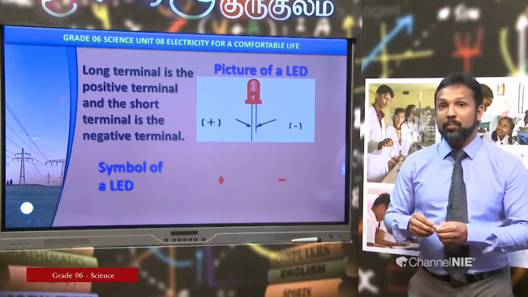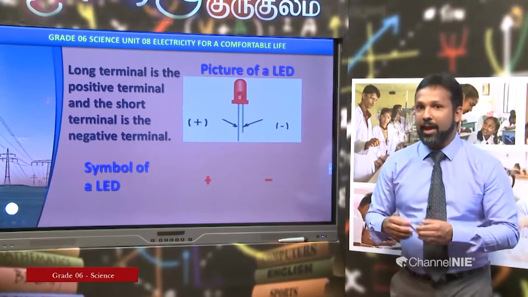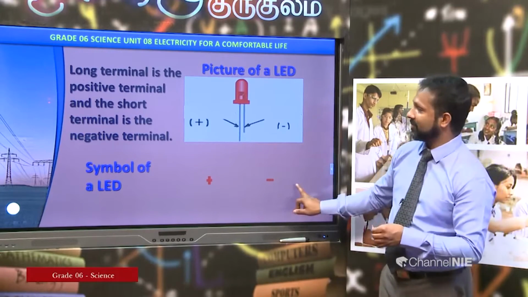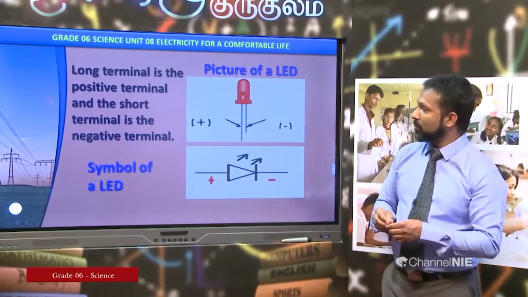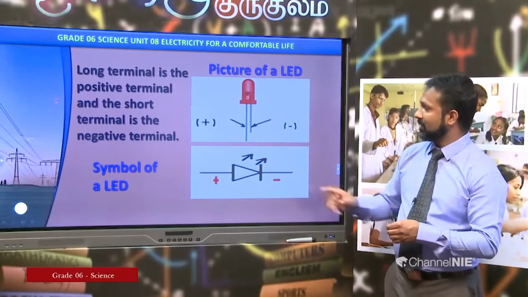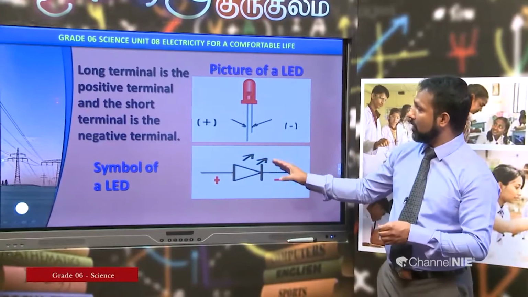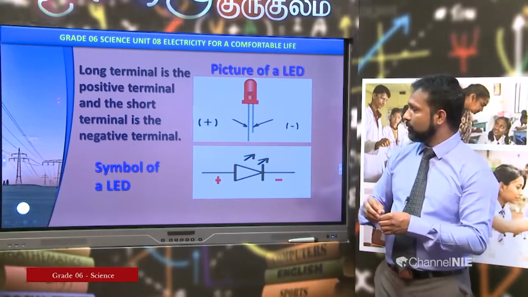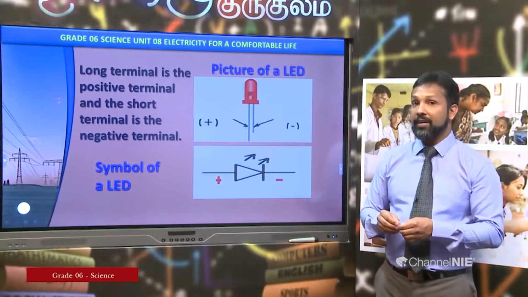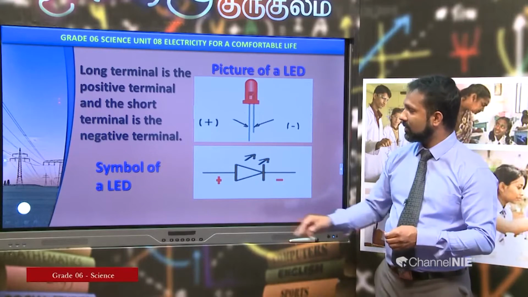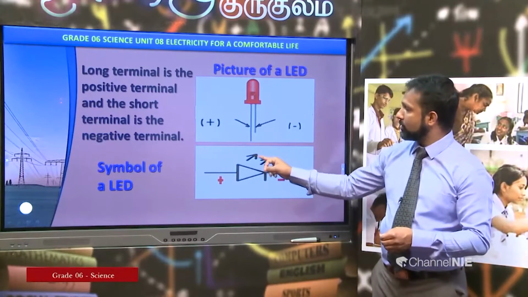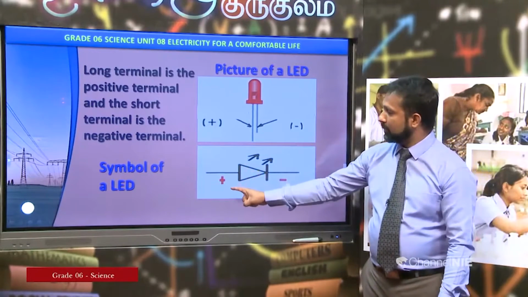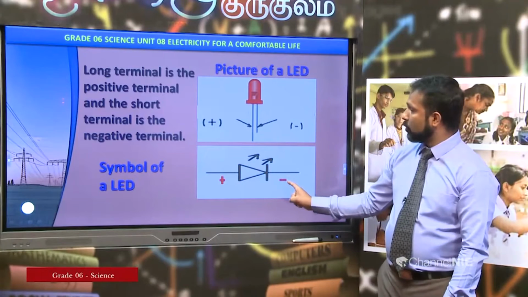Do you know the symbol of the LED? Can you remember? We studied it in the previous program. In the symbol of the LED, two arrows are used along with the diode symbol. In the diode, no arrows are available. Here, positive terminal, negative terminal.